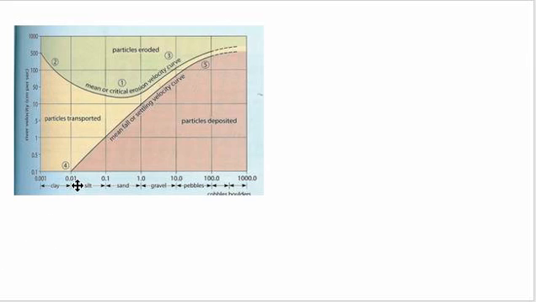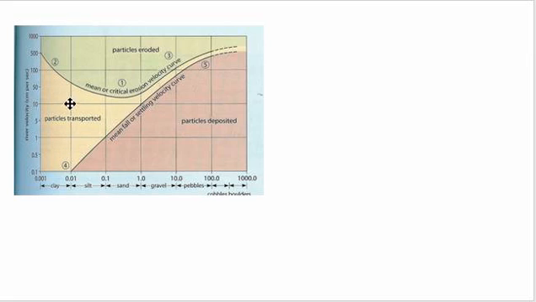Here is the Hjulström curve, and that helps us to understand the erosive capacity of a river. And you'll see that along the bottom here, on a log scale, so be really careful of that, on a log scale we've got the different sizes of particles, and going up the side again on the log scale we've got the velocity of the water.